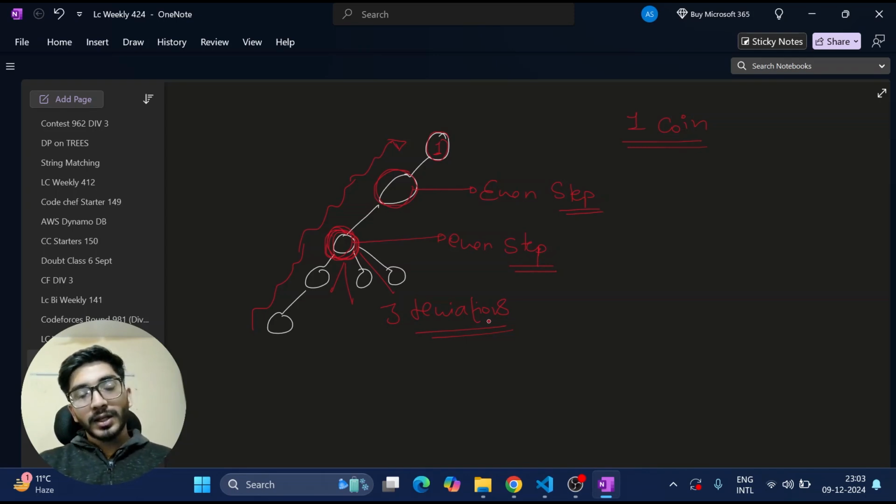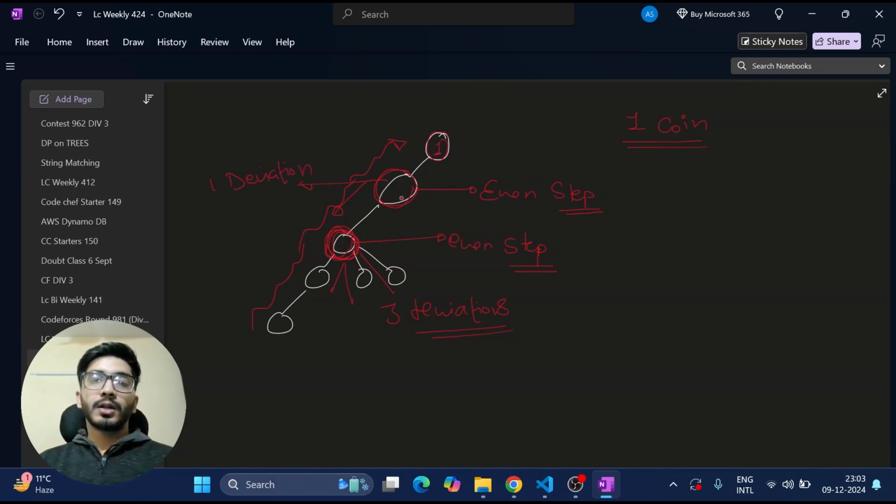So there are total 3 deviations that will cost me more steps if I'm not gonna use a coin at this point. And from this point, the only deviation is coming back to the previous node. So here there is at most one deviation.